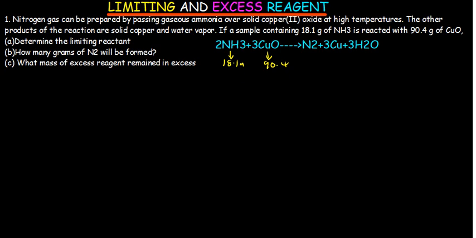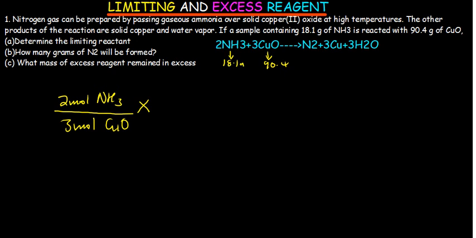So let's determine that. Here we know that for every 2 moles of ammonia, we have 3 moles of copper oxide reacting. I'm putting the copper oxide down because I want it to cancel. What I want to determine are the moles of ammonia. So we're now going to multiply. How many moles of copper oxide do we have present as the limiting reagent?